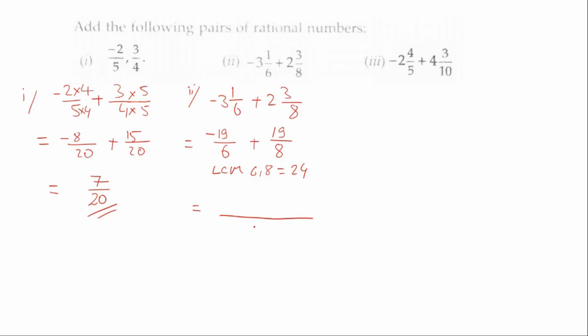So let us write 24 here. 6 4s are 24, so we will write 19 into 4, plus 8 3s are 24, so we will write 19 into 3 here. So 19 4s are 76, that means minus 76 plus 19 3s are 57 by 24. So if you subtract it, it will be minus 19 by 24.